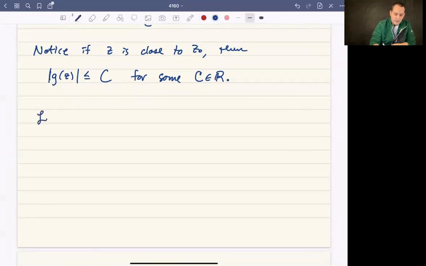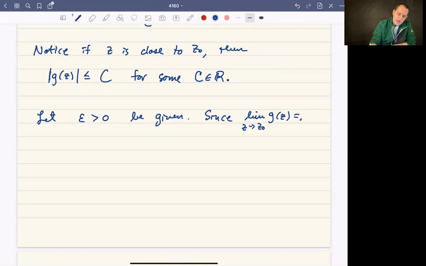So let epsilon be given, okay? And I just want you to notice that since the limit of g is m, that implies that g of z is bounded.